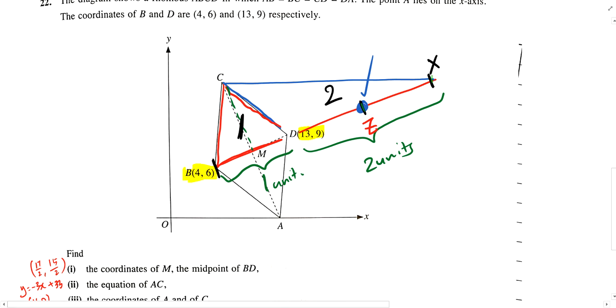Over here, point Z is the midpoint of DX. I know point D, I know point Z. Then I can find X. Yes? Who is following? Raise your hand. Those following, start work on it now.